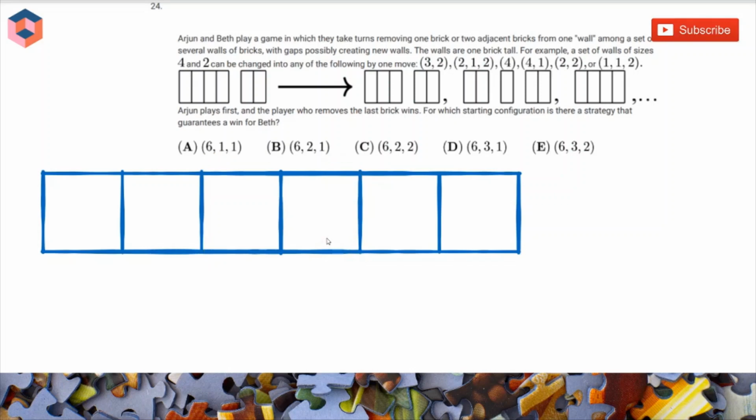So we need some other set of bricks, which we do have, that will make sure that this symmetry doesn't happen. Well, if we have 6, 1, 1, once again, Arjun will just take the middle, and whenever Beth decides to take one of these, if she eventually does, then Arjun will just take the other one, and he's forced to symmetry again. But let's look at 6, 2, and 1.